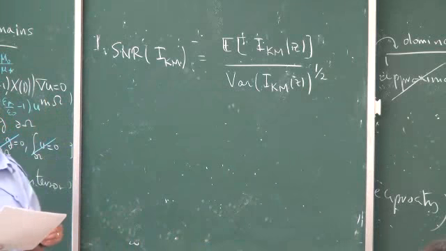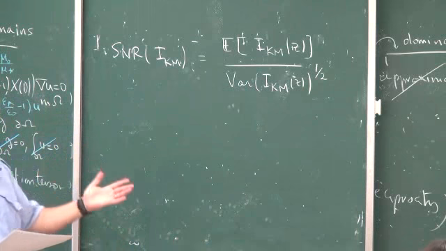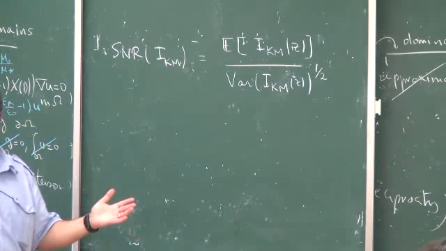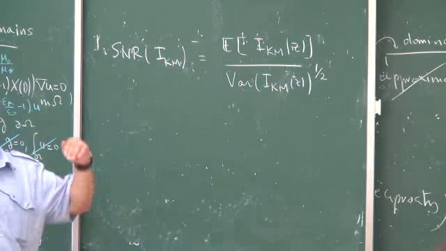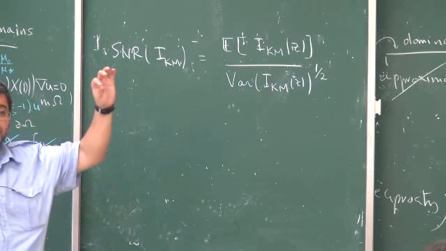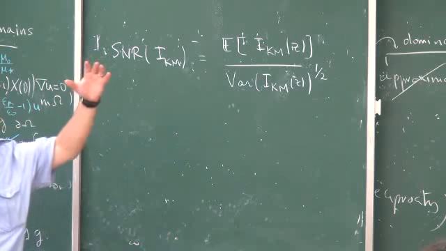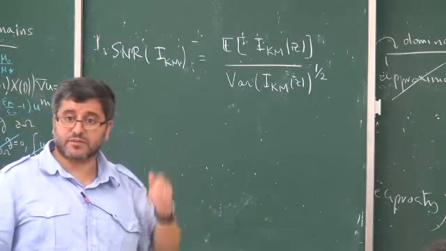You compute your imaging function at the true location. Your imaging function is designed in such a way that its maximum value is at the true location. Now you compute its value at the true location over the square root of its variance.